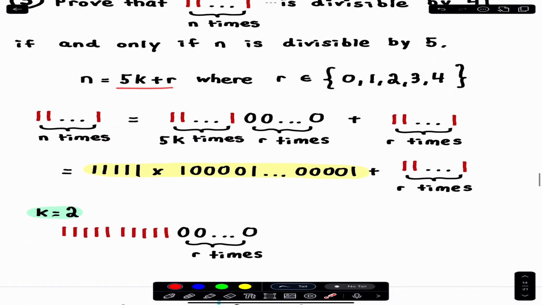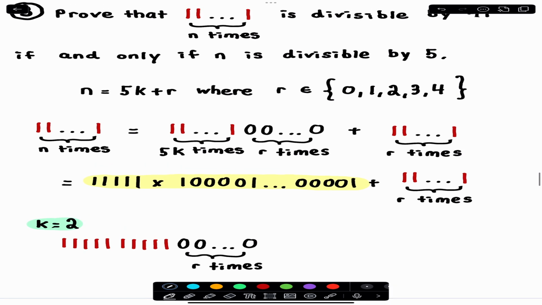So n equals 5k plus r. R cannot be these four, therefore r has to be 0.